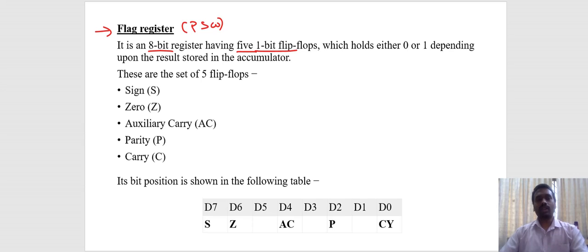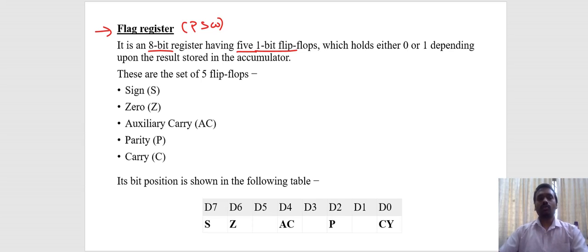Actually this flag register indicates the status of the result. After executing a particular instruction, we have some result, and the status of the result is indicated by this flag register, through the internal flip-flops.